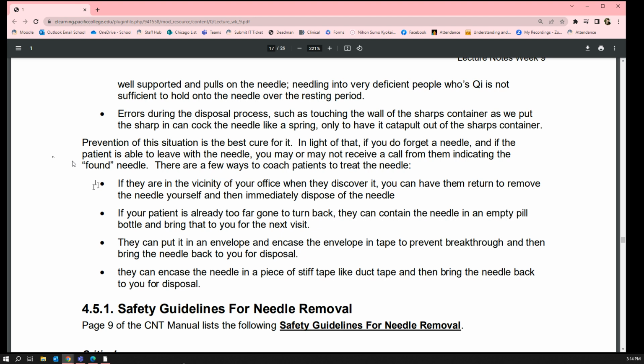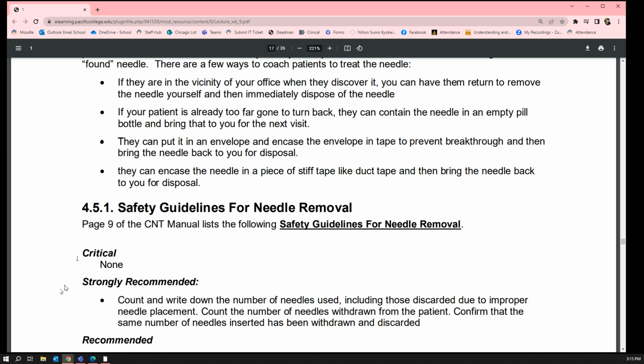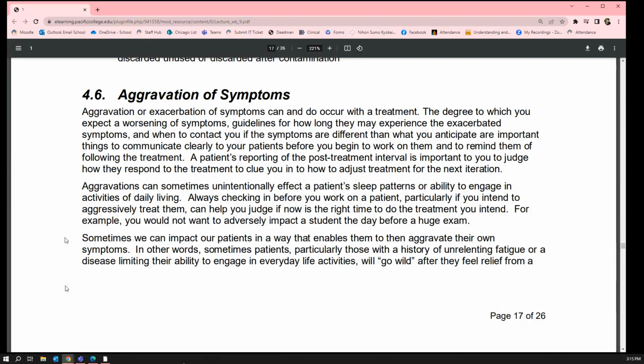You can also put it into a piece of paper, kind of origami it, fold it up into a piece of paper, and then wrap that piece of paper in duct tape. Essentially, you don't want this needle sticking out and sticking somebody, right? They can bring it back to you for the next visit. They can just encase the needle in a piece of stiff tape like duct tape, and then again, bring it back for your disposal. And then you would take that needle and put it into your sharps container.